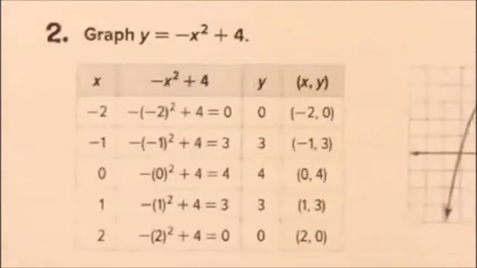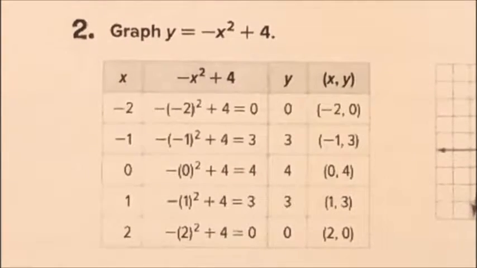Number 2 says graph y equals -x squared plus 4.